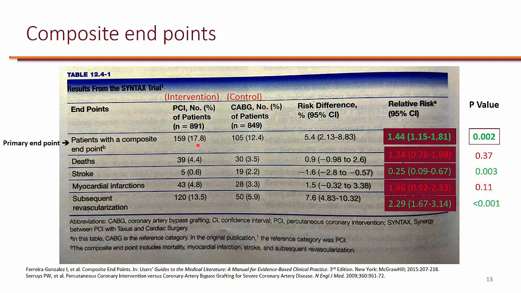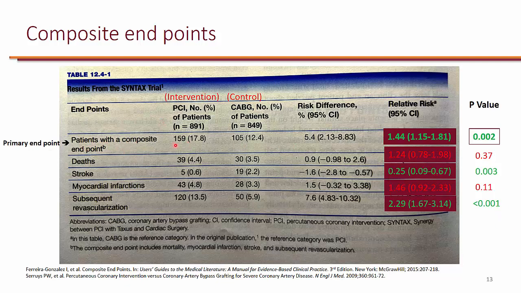So regardless of which group you have, the primary endpoint you're looking at is a composite endpoint of death, stroke, MI, or revascularization. And then they tell you how many times the primary endpoint happened in each group.